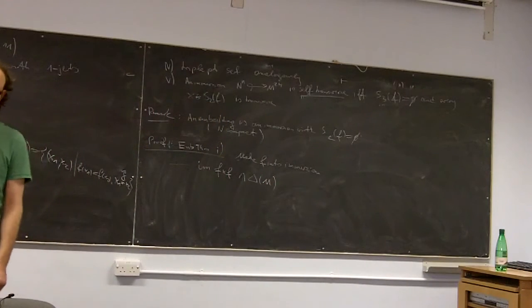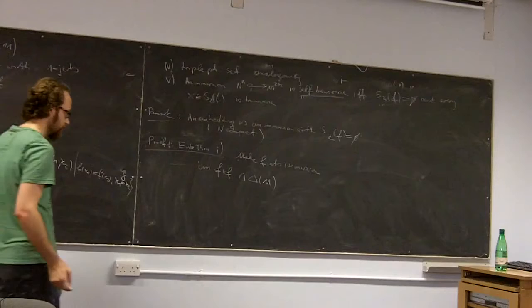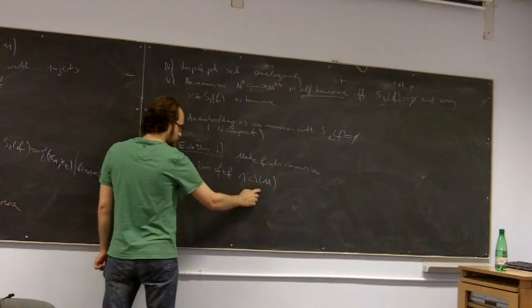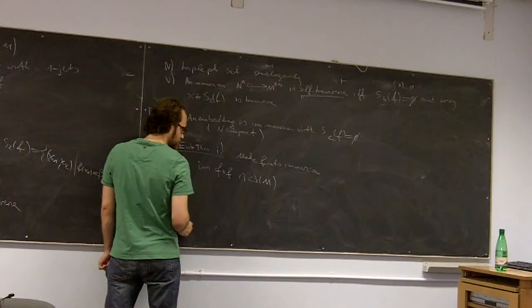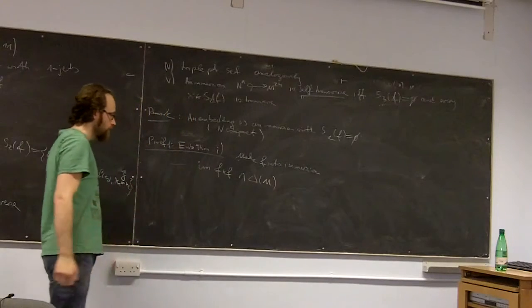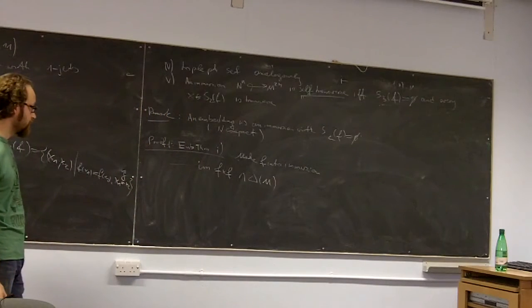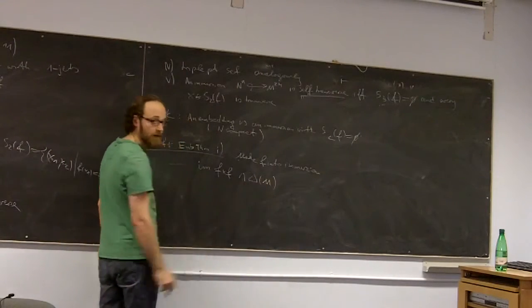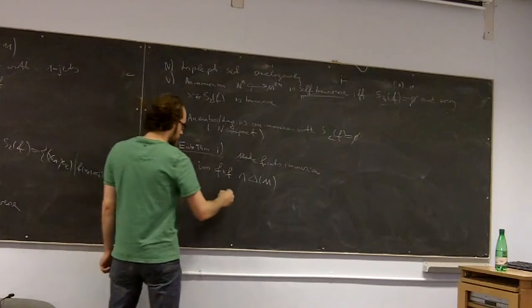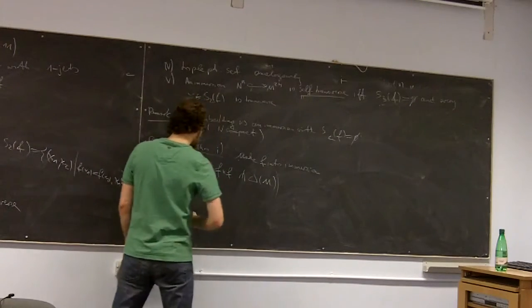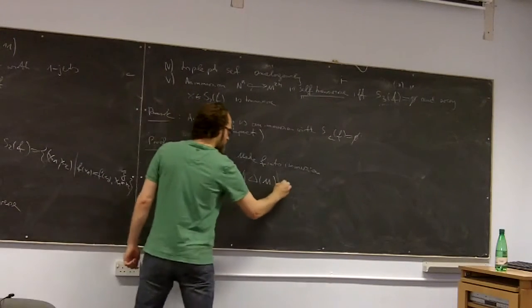Again, by transversality, I can make sure that they intersect in a submanifold of dimension this plus this minus the dimension of the ambient manifold. So the dimension of this is, what is this?